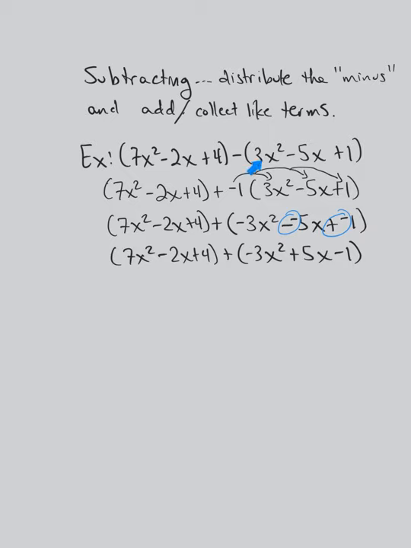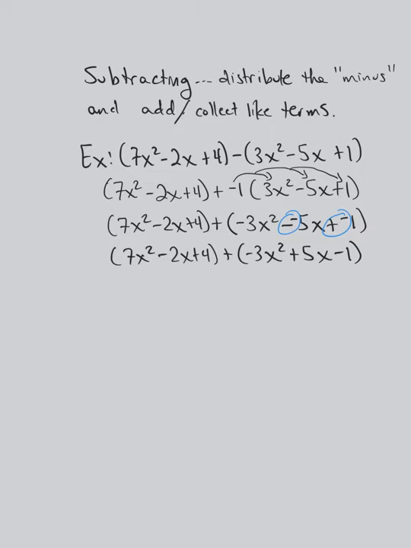Here I started with positive 3x squared minus 5x plus 1 before I distributed that minus. So I have plus 3, minus 5, plus 1, right? What did I end up with? A minus 3, a plus 5, and a minus 1. Just the opposite of what I started with in terms of signs. Okay?